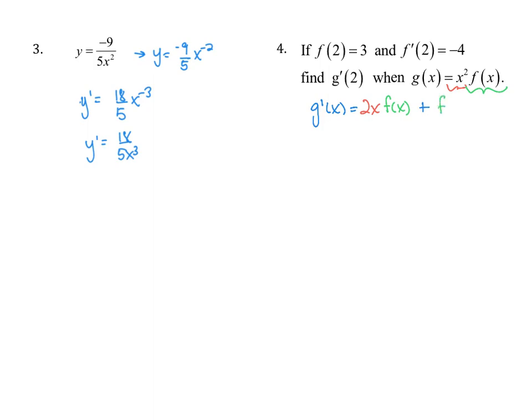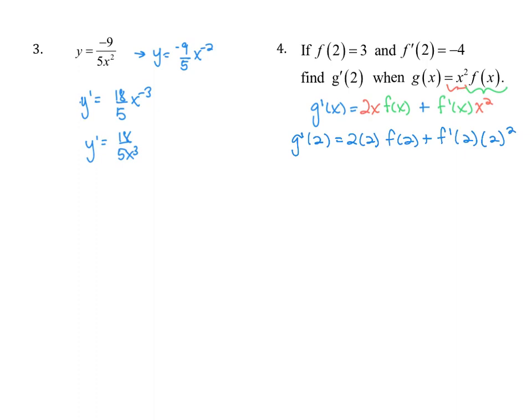So if I do the derivative of the second times the first, we'd have something that looks like this. Well, now I'm going to use the fact that I'm trying to find g prime of 2. Since I'm trying to find g prime of 2, here is what I'm really looking at in this problem. g prime of 2 would be 2 times 2, f of 2 plus f prime of 2, 2 squared.